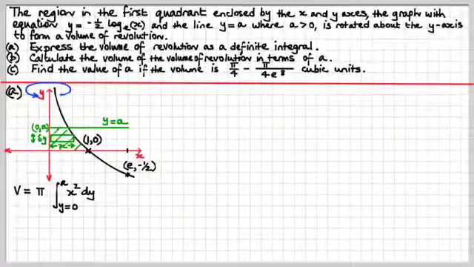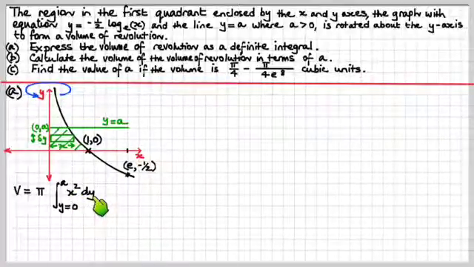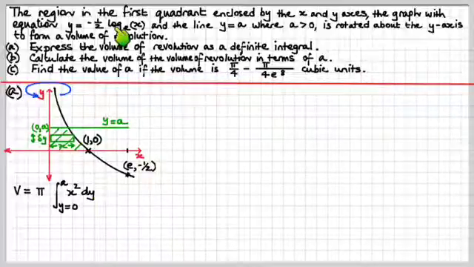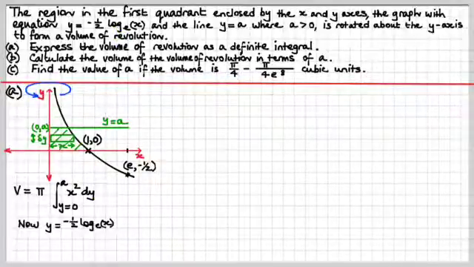Now we've got to get x in terms of y, because we're integrating with respect to y. That should be pretty easy. We've got y is minus a half of log of x base e. Let's make x the subject of that.